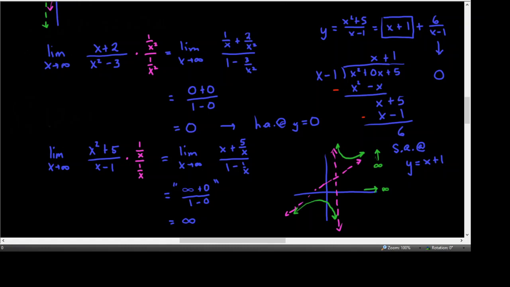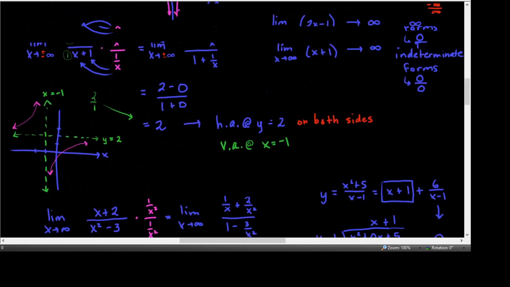Whereas in the second example down near the bottom of this page, x squared is huge divided by big, and the numerator being much bigger than the denominator makes sense that that would go to positive infinity.